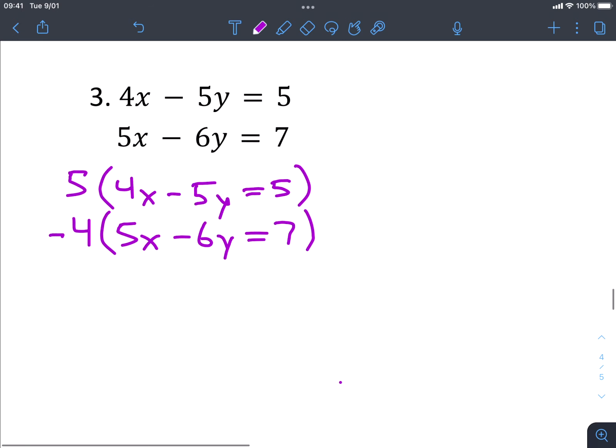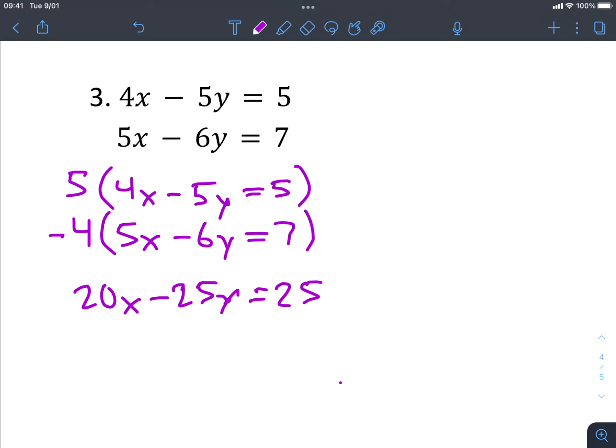So let's go ahead and rewrite these equations after I've transformed them. My first equation, my top equation, becomes 20x minus 25y is equal to 25. And my bottom equation becomes negative 20x plus 24y is equal to negative 28.